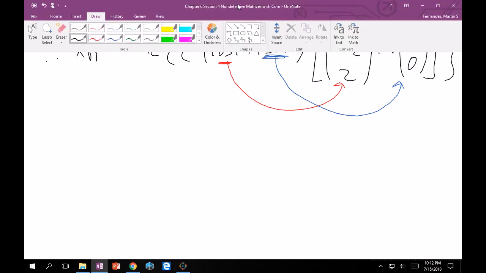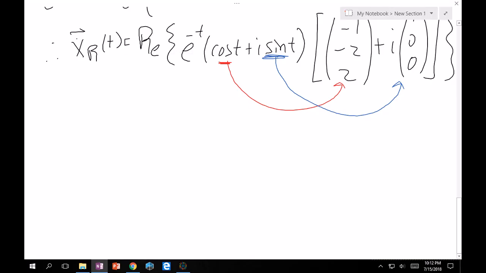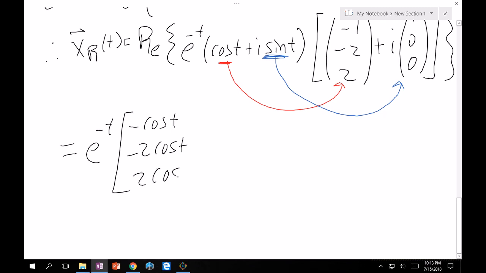So for here, xr of t, after we apply the real operator, it becomes e to the minus t for everything, right? That's attached everywhere. And then the red part is going to become minus cosine t, minus 2 cosine t, 2 cosine t, right? And then remember, i times i, I shouldn't have to say this, is minus 1.